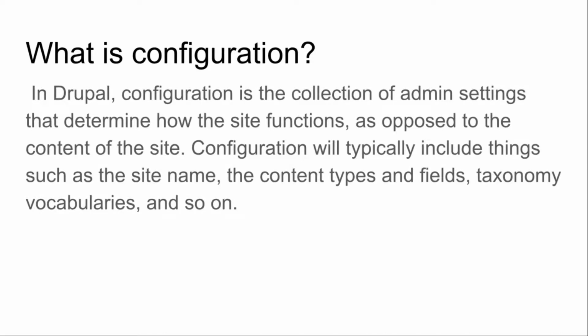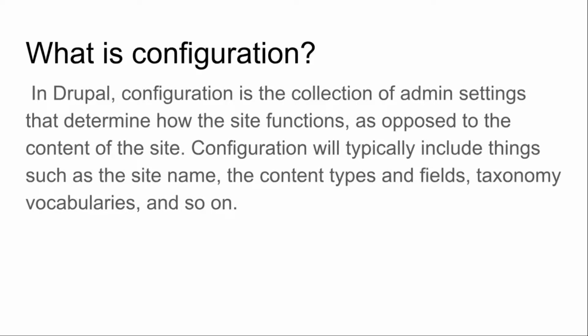So, what is configuration? You can read the slide, but my take on configuration is that configuration is the settings required to control your Drupal website that are not content. So, the body field on a page, on a blog post, that's content. The site name of your website, that's configuration.